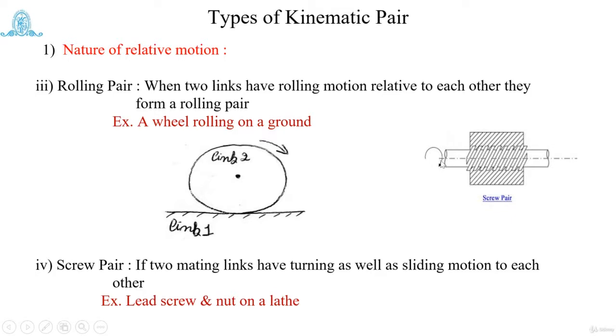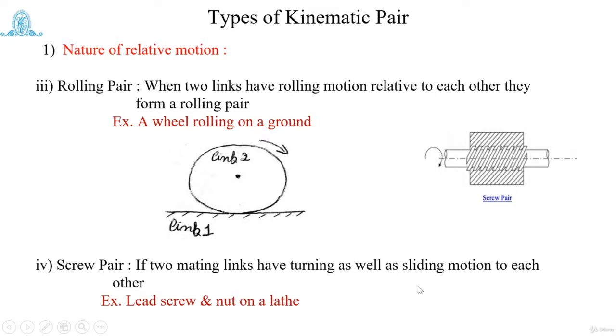Now when you give a turning motion to this screw, it will rotate. Along with the rotation, it will travel along the path, having a longitudinal motion or longitudinal travel. It will travel along the x-axis also. When you give rotation about this point, it will rotate as well as slide.